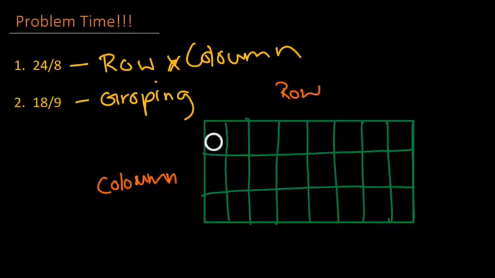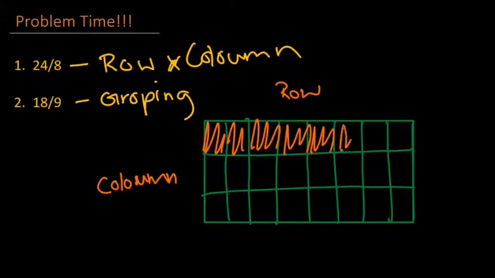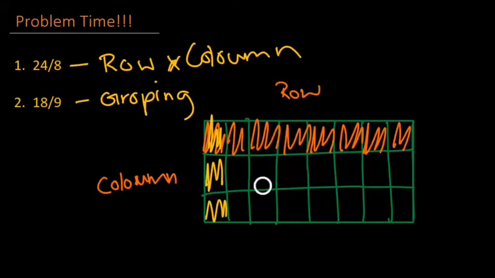First we're going to count the row. We have 1, 2, 3, 4, 5, 6, 7, 8. We have 8 squares in the row. And in the column, we have 1, 2, 3. We have 3 in the column.